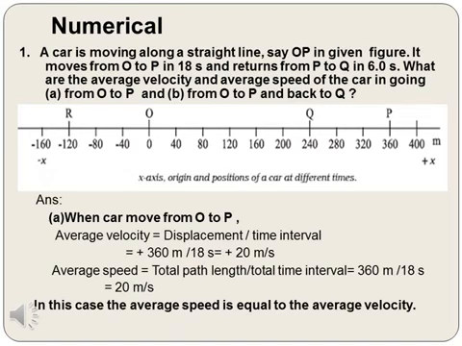Here the car starts from O and reaches the point P. Here the average speed is equal to the average velocity because the total path length is equal to the displacement traveled by the car.